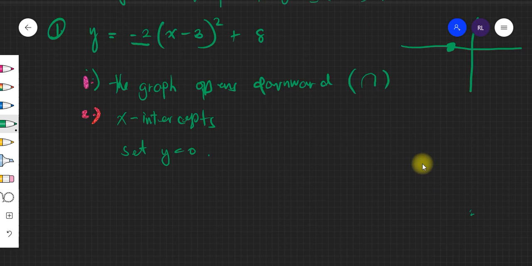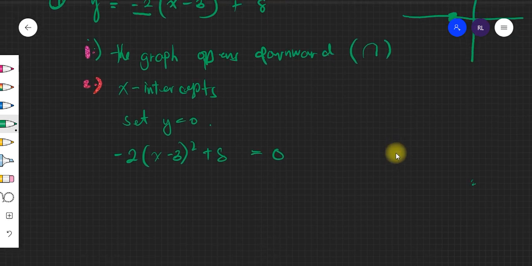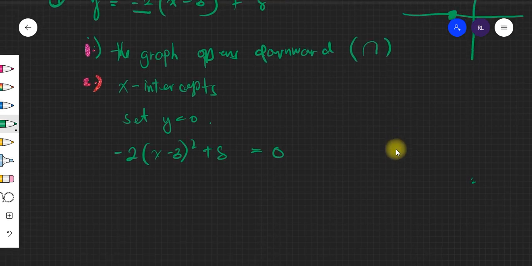That would be negative 2 times the quantity x minus 3 squared plus 8 equals 0. Then we can do our algebraic manipulation. We'll have negative 8 equals negative 2 times the quantity x minus 3 squared. We divide both sides by negative 2, so we are left with x minus 3 squared equals positive 4.